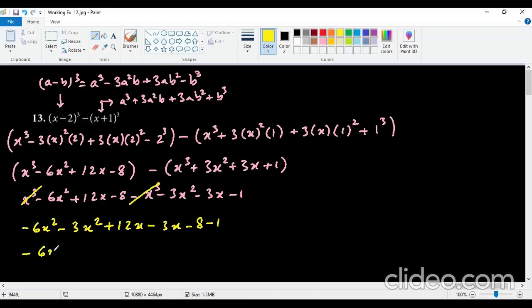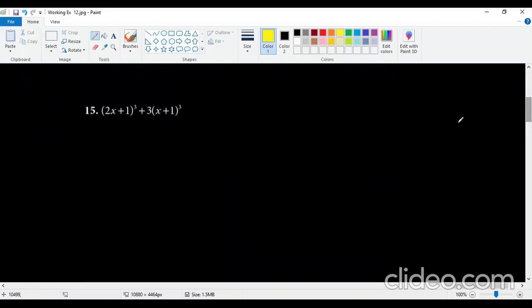So minus 6x squared and minus 3x squared is going to give us minus 9x squared, and plus 12x minus 3x is going to give us plus 9x and minus 9 as an answer to this question. Moving on to the next question, which is 14.